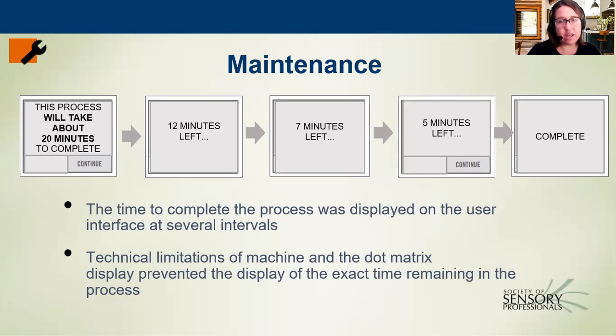So here you see the 5 screens that were displayed throughout the process, and the time to complete the process was displayed at several intervals. Because of technical limitations of the machine and this dot matrix display, we couldn't display the exact time that was remaining in the process.